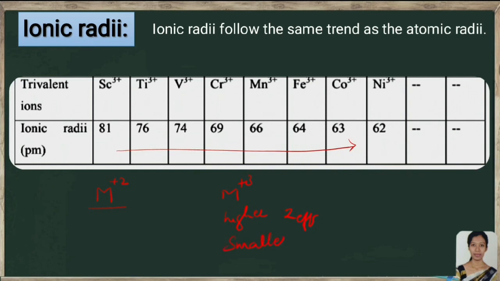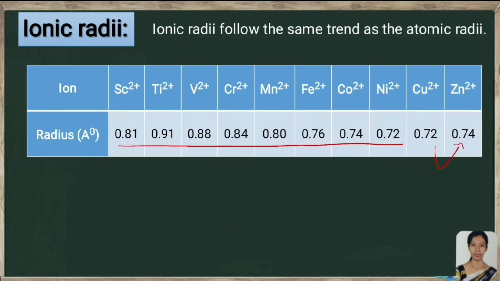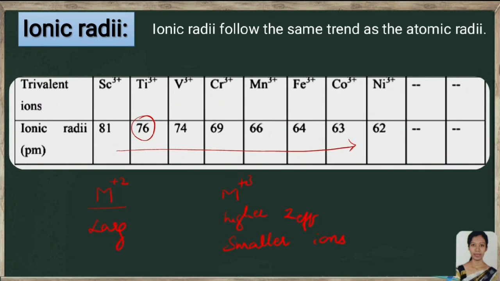So when we compare M+3 ions and M+2 ions, you may observe titanium +3 is 76 picometer, while titanium +2 is 99 picometer, so the titanium +2 ion is larger in size when compared to the titanium +3 ion. That means +2 ions are larger than +3 ions. Higher the oxidation state, higher the effective nuclear charge, and smaller the ions.